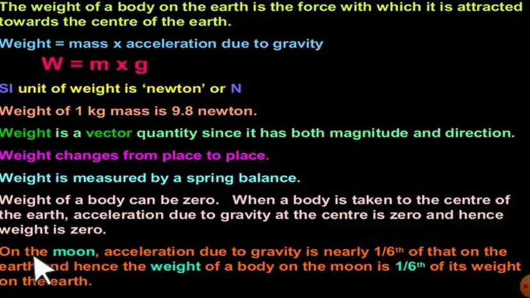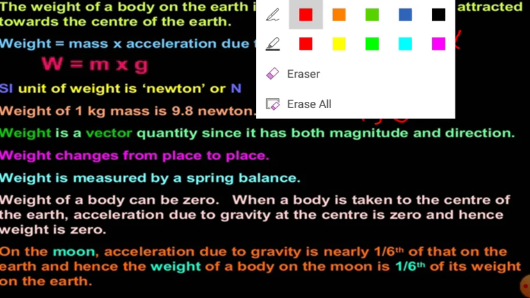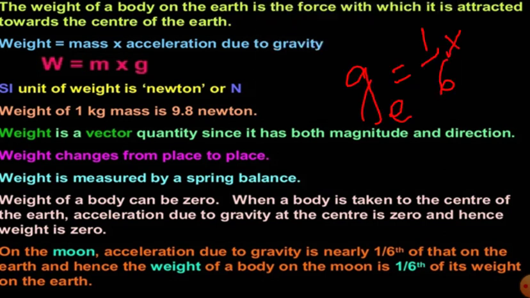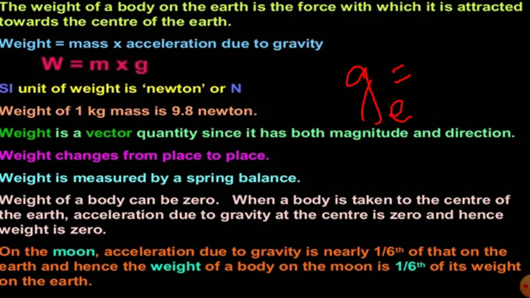On the moon, when you compare the acceleration due to gravity on the earth with that of the moon, your small g varies by a factor of about 6. So your acceleration due to gravity on the earth will be equal to 6 times the acceleration due to gravity on the moon.